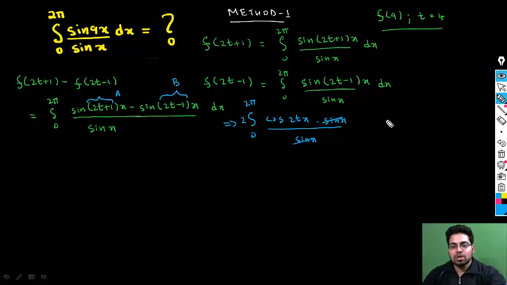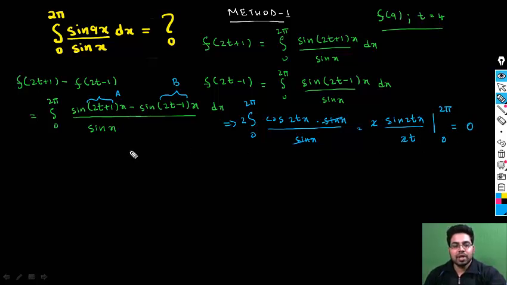So the integration of cos 2tx is sine 2tx divided by 2t, and here I am having this 2. So the 2 and this 2 will get cancelled. If I evaluate this from 0 to 2 pi, this will finally become zero, because sine of 4t pi minus sine of 0, both are equal to 0.